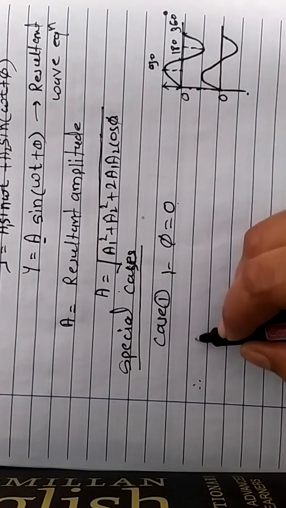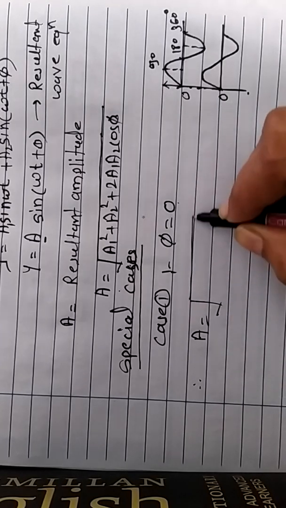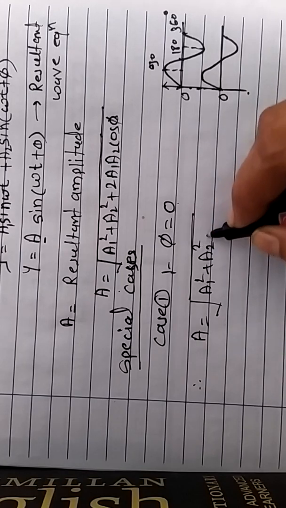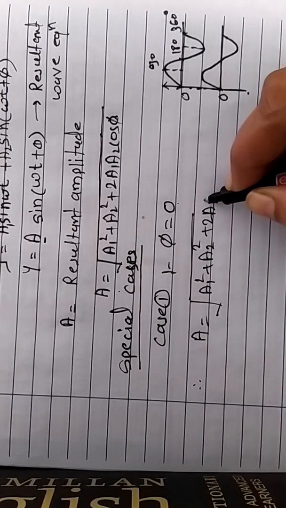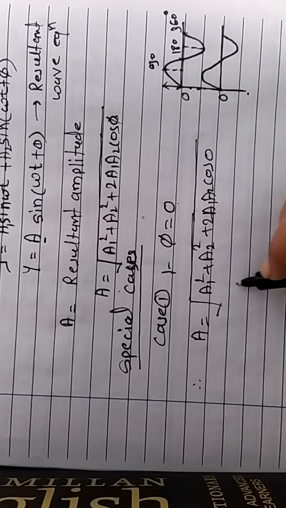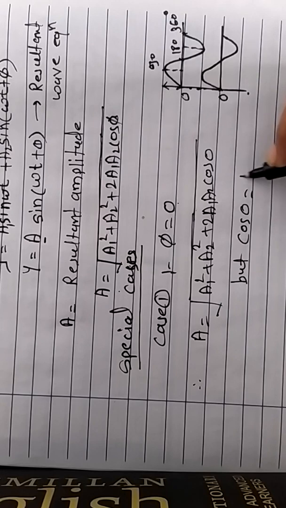Therefore, the resultant amplitude is equal to the square root of A1 square plus A2 square plus twice A1 A2 cos 0. But cos 0 is equal to 1.